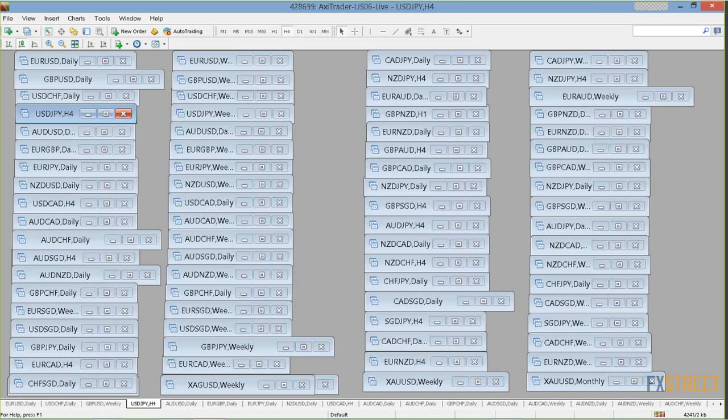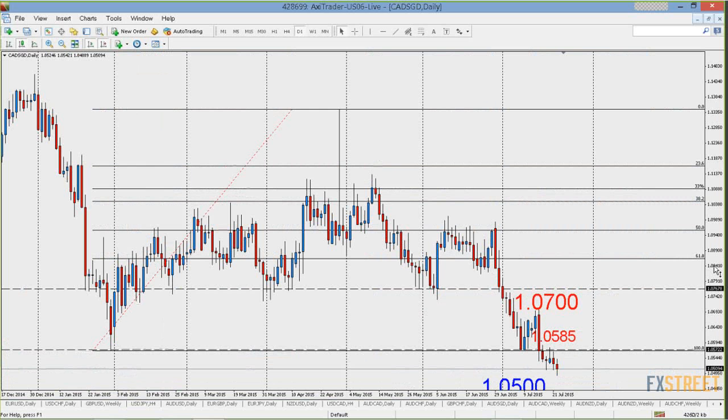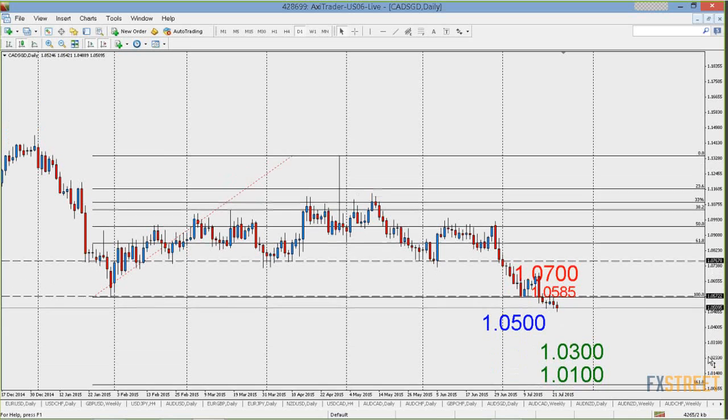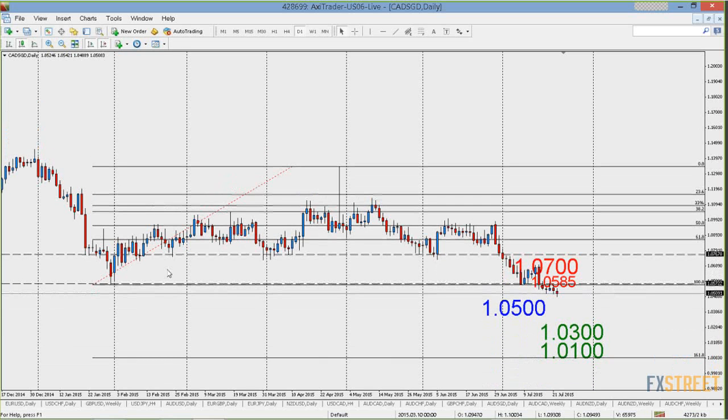24.62. Our target's one zone away. Which trades, Abdul? So, for example, the CAD Singapore doesn't really have zones, so what we use is round numbers. And we've actually got a 161.8 Fib extension from the low here to the high up here.